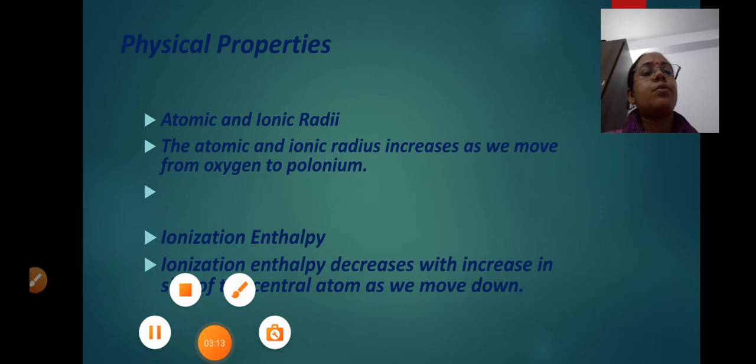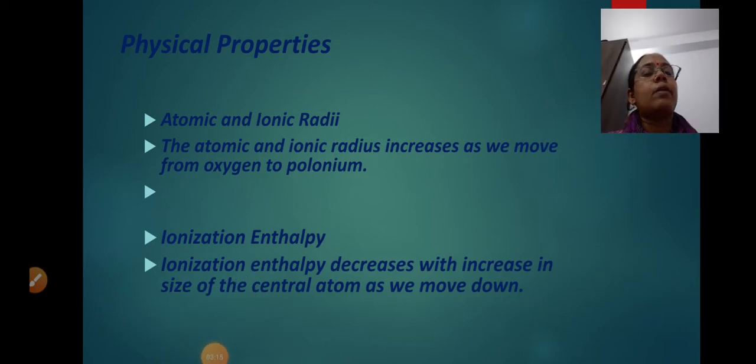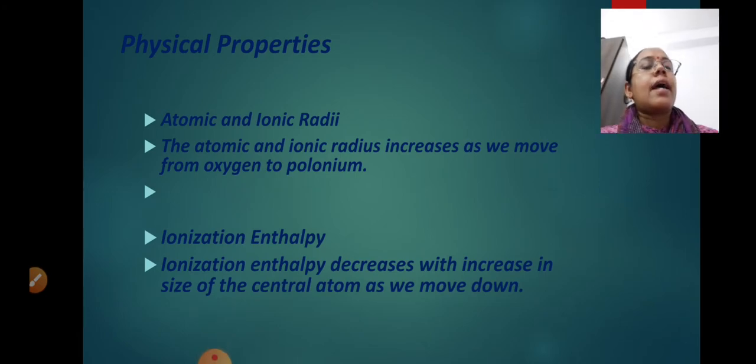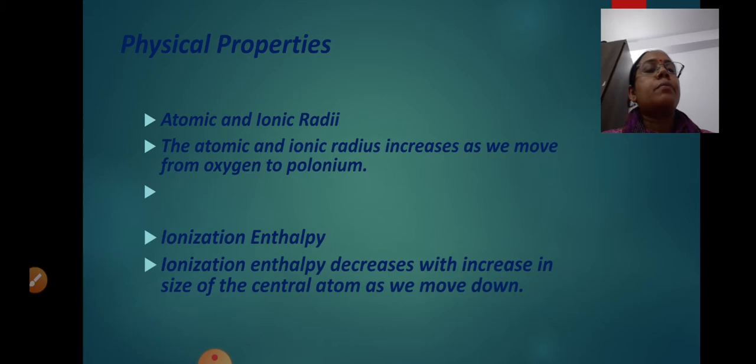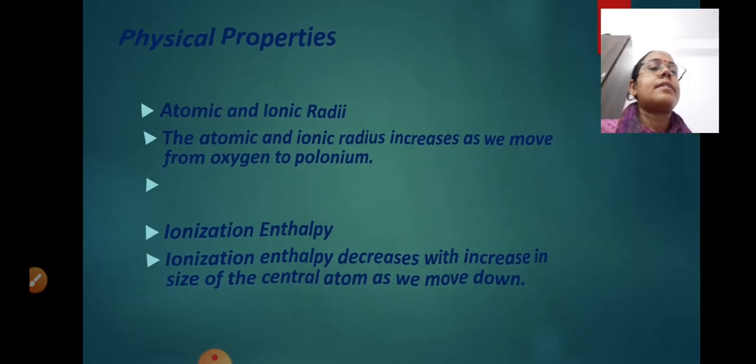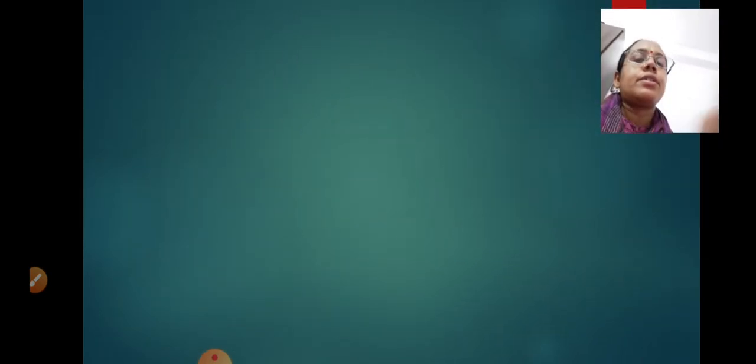First of all, we should know what we mean when we say ionization enthalpy. Ionization enthalpy is the amount of energy which is required to remove an electron from the outermost shell in its isolated gaseous state. How can we define ionization enthalpy?